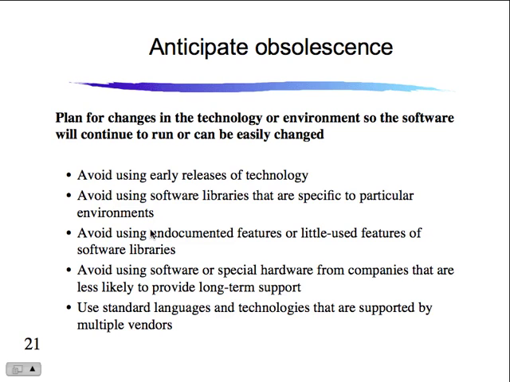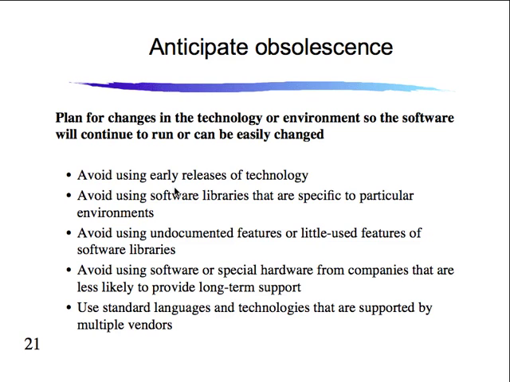Avoid using early releases of technology because they're not proven yet. And avoid using software libraries that are specific to particular environments, like ones that only work on Windows. What if Windows XP didn't go away, but what if it did go away completely? All those XP programs would be obsolete.